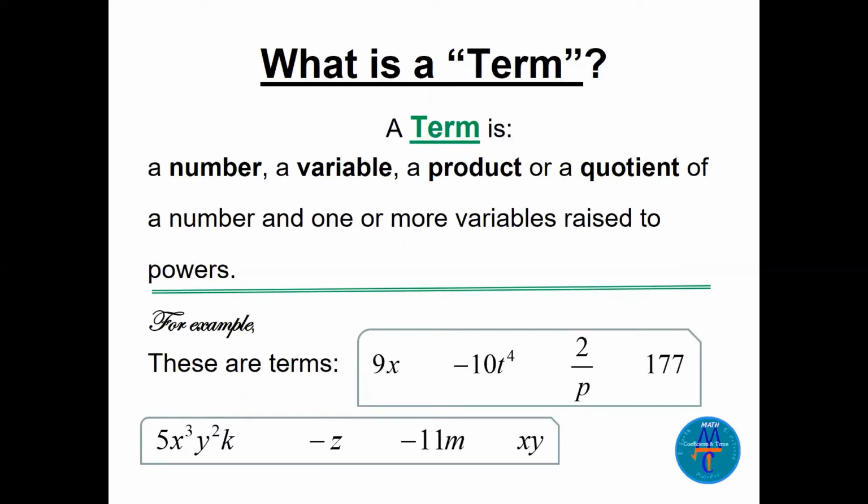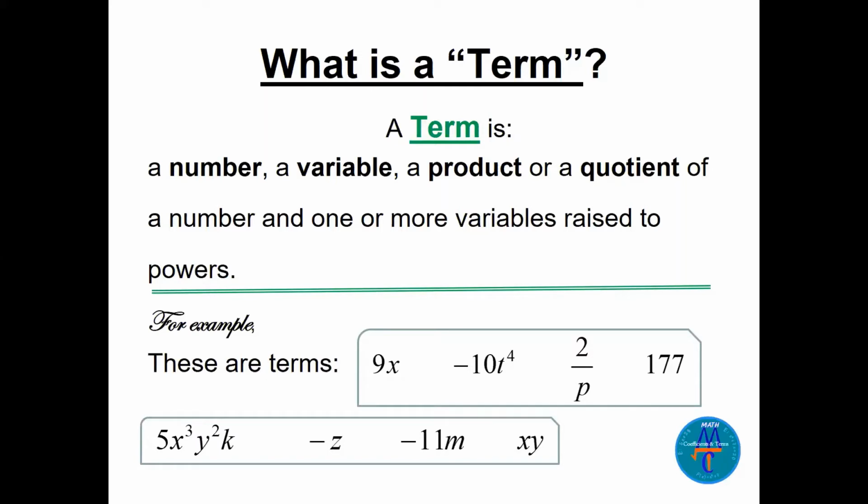Look at the examples. These are terms. 1, 2, 3, 4, 5, 6, 7, 8 terms we see here. 9x. 9x is a term. So minus 10, t to the power 4 is a term altogether. 2 over p is a term. 177, it's a term. 5, x cubed, y squared, k. Because we have product here, or quotient. Quotient means division.